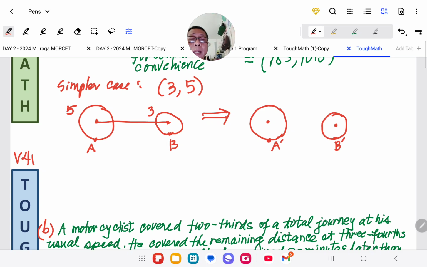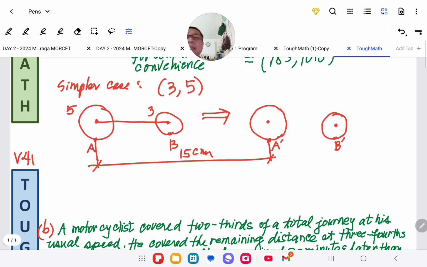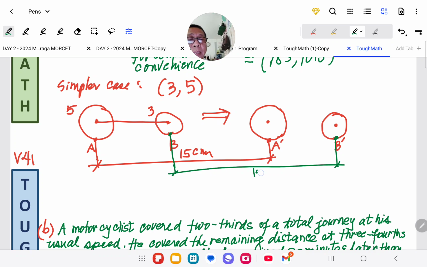Now the question is, what is the distance between A and A prime? Well, this distance is 15 centimeters. And similarly, the distance between B and B prime is also 15 centimeters.